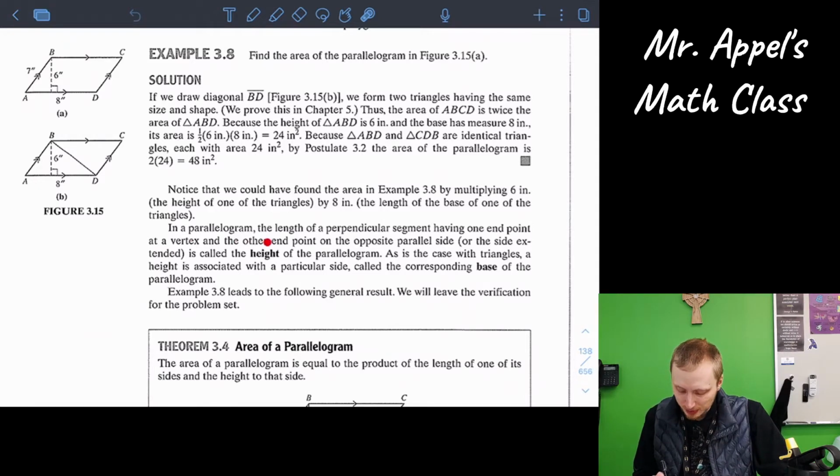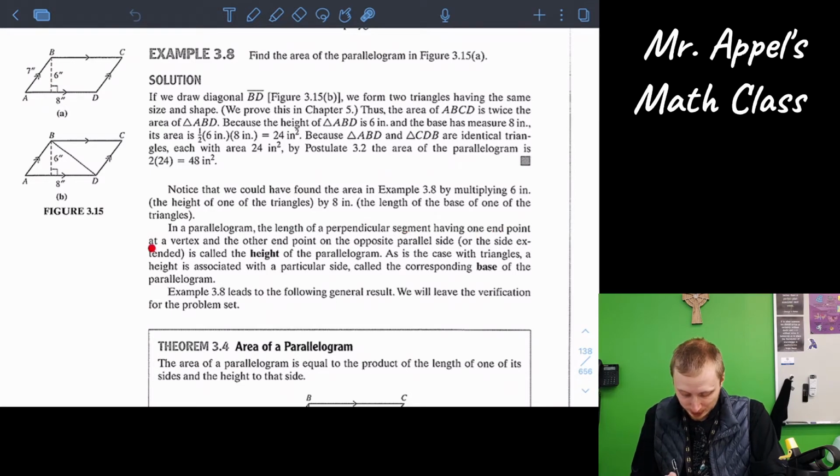In a parallelogram, the length of a perpendicular segment having one end point at a vertex and the other end point on the opposite parallel side. The length of a perpendicular segment. Okay, so that's drawing it. They're describing this 6-inch line here, right? Perpendicular segment, so perpendicular from a side.